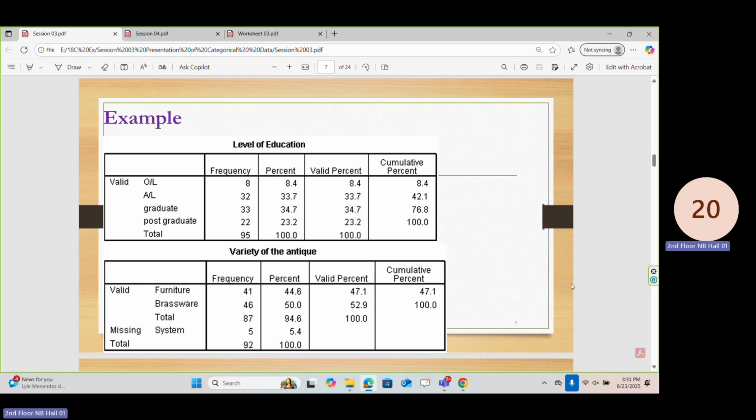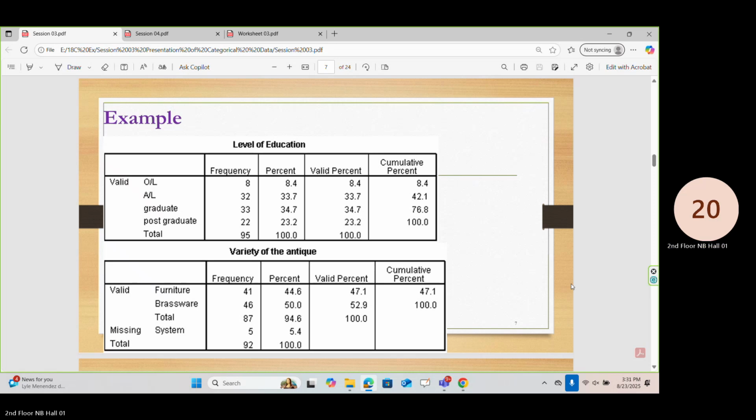The last column represents the cumulative percentage. Cumulative is the total summation. The first one, 8.4, means 8.4% of the respondents completed up to the O level. The second one, 42.1, is the cumulative percentage up to the A level.